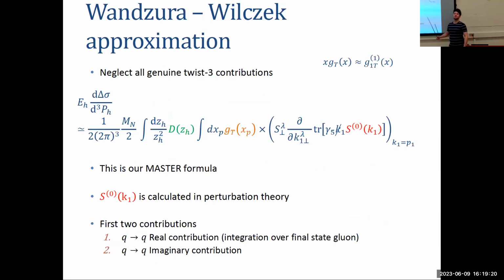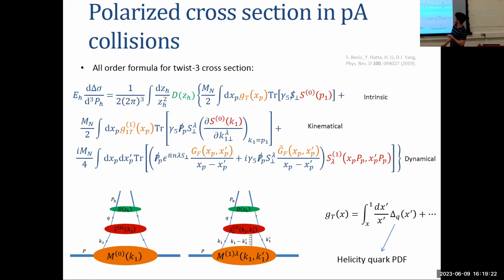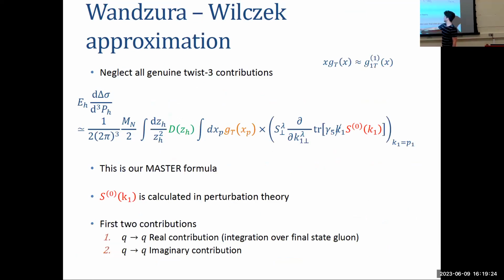We took only the twist 2 part of this twist 3 cross section, and this twist 2 part can be written like this. So this gT distribution function, which is connected with the helicity distribution inside a parton, has a twist 2 part and a twist 3 part, and we neglected the twist 3 part, and this was our master formula.